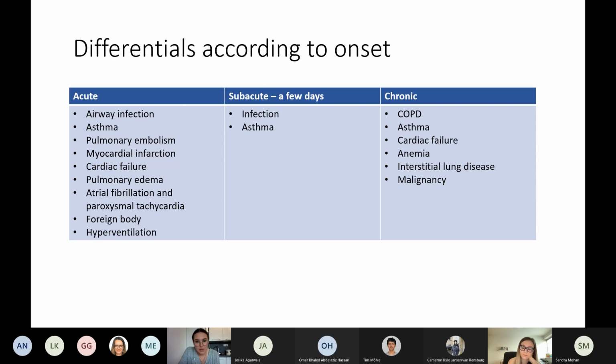And then you can also categorize it according to onset: acute, subacute, and chronic. Acute dyspnea is anything from a few seconds till a day or 2 days. And you always have to ask about when did it start and how rapidly did it start, because an airway infection can develop over 2-3 days, but it would be classified as an acute dyspnea.